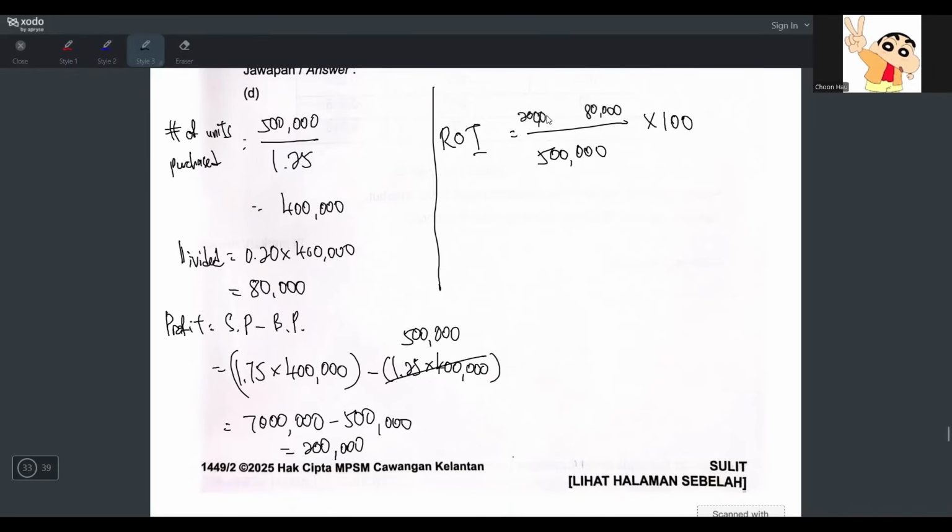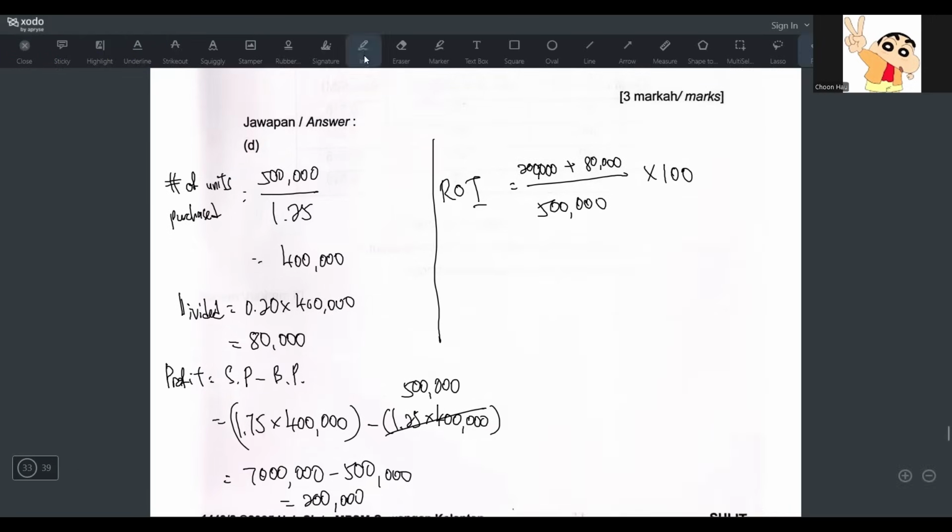You plus the dividend 80,000, then divide by the initial investment, the amount you spent to buy at first, and then times 100. So 280,000 divided by 500,000 times 100. My calculator gives me 56. You write it in percent, because the ROI answer comes out in percent.